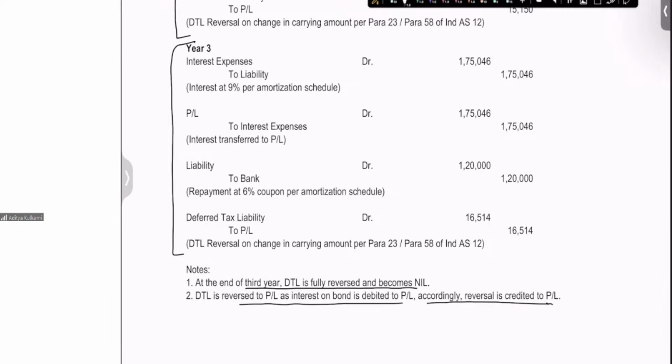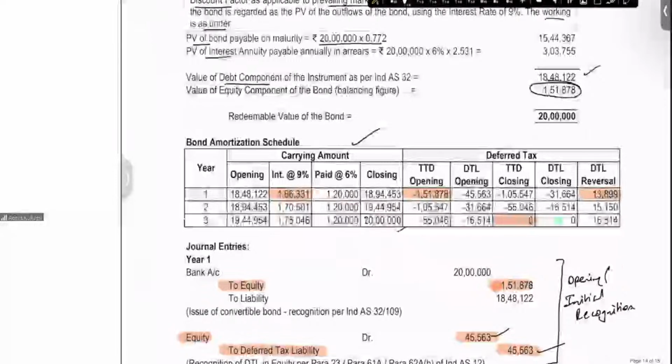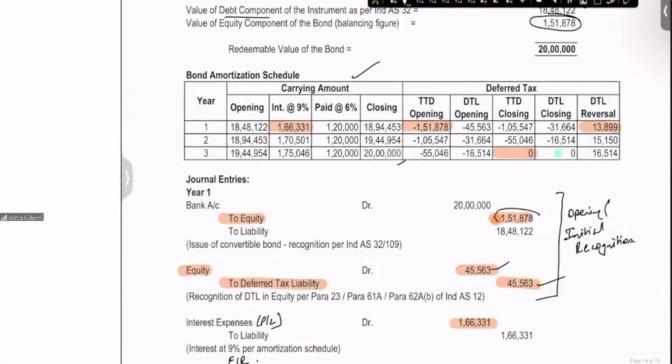So 1,51,878, this amount which I have recognized initially in the equity, till the company's death this amount will remain there, and only this amount will remain there. What is being reversed is not going to remain there.